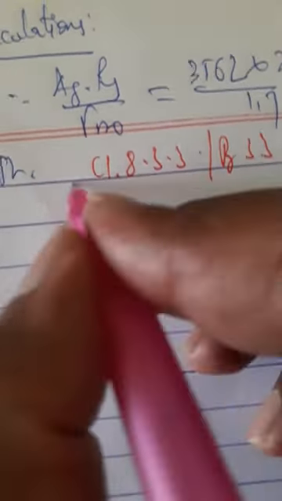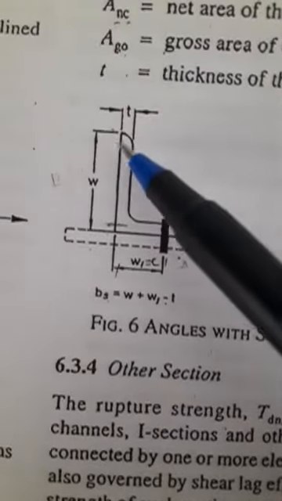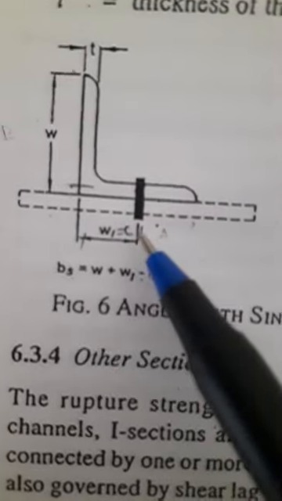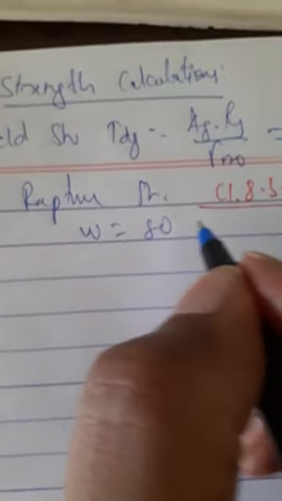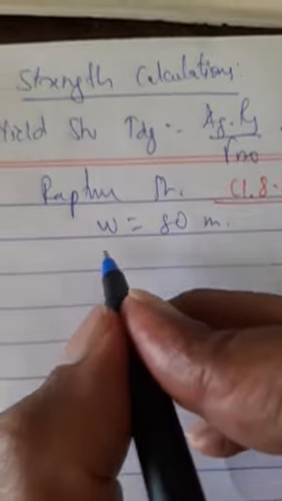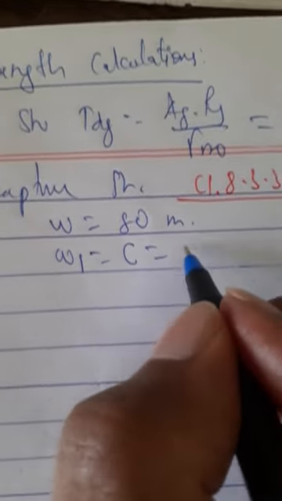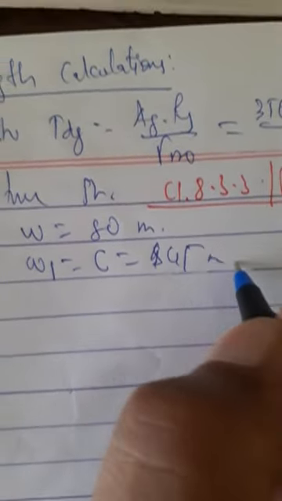Rupture strength. So for this refer to clause 8.3.3, page 33. Now if you look at the diagram, now this is the diagram. Outstanding leg distance w, w1 is nothing but C value. This is Lt. So write down the values. So w is equal to outstanding leg 80 mm, w1 is equal to C is equal to 45 mm.